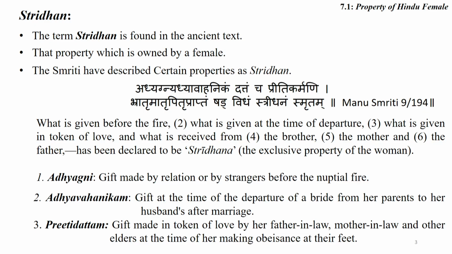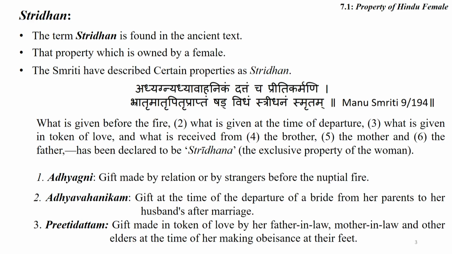The term Stridhan is found in the ancient texts: that property which is owned by a female. The Smritis have described certain property as Stridhan. Manu has stated: Adhyagni Adhyavanikam Dattam cha Priti Karmani, Matri Bhatri Pitri Praptam Shadvidham Stridhanam Smritam. Manu recognized 6 varieties of Stridhan in Manu Smriti, chapter 9, verse 194.